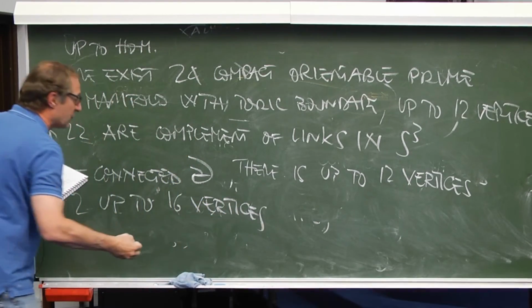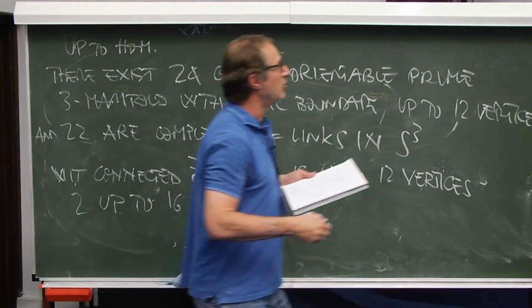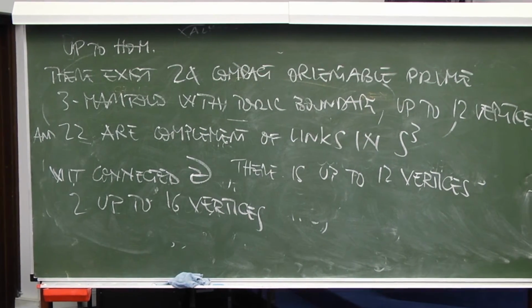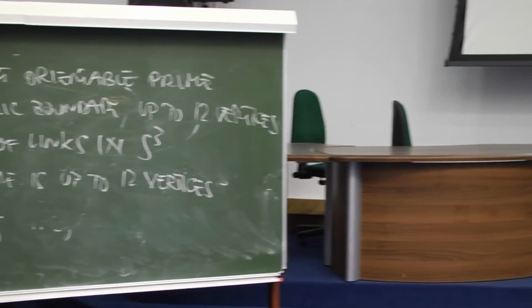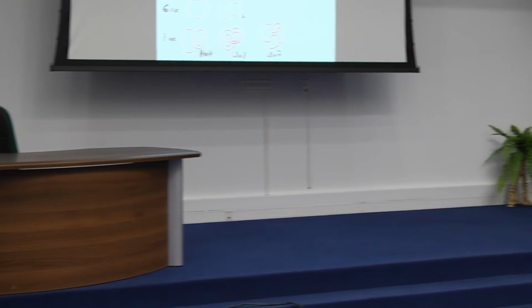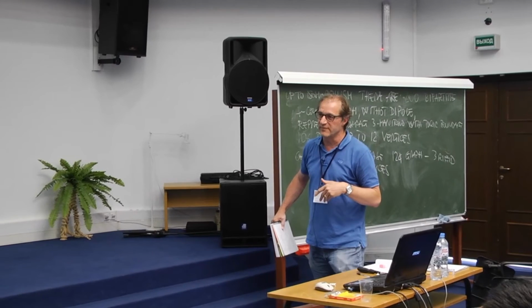What is the second one? Of course, the complement of the trefoil. So the simplest non-trivial knot in terms of complements is obtained only with 16 vertices.